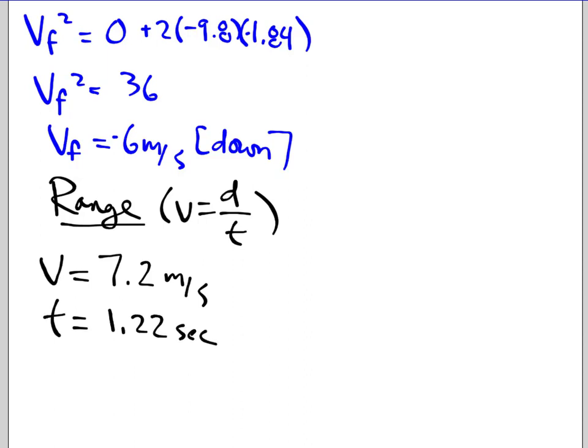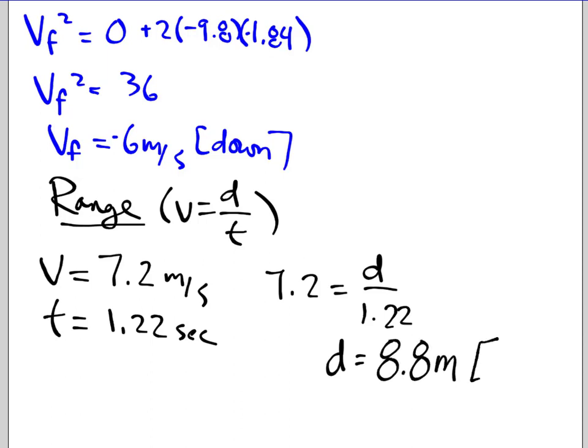So if we insert those into our equation and solve for d, which in this case is our range, we get a d value of 7.2 times, oops, back up on the calculator, times 1.22, and we should get 8.8 meters. And that would be downfield, to the right, some direction that works.